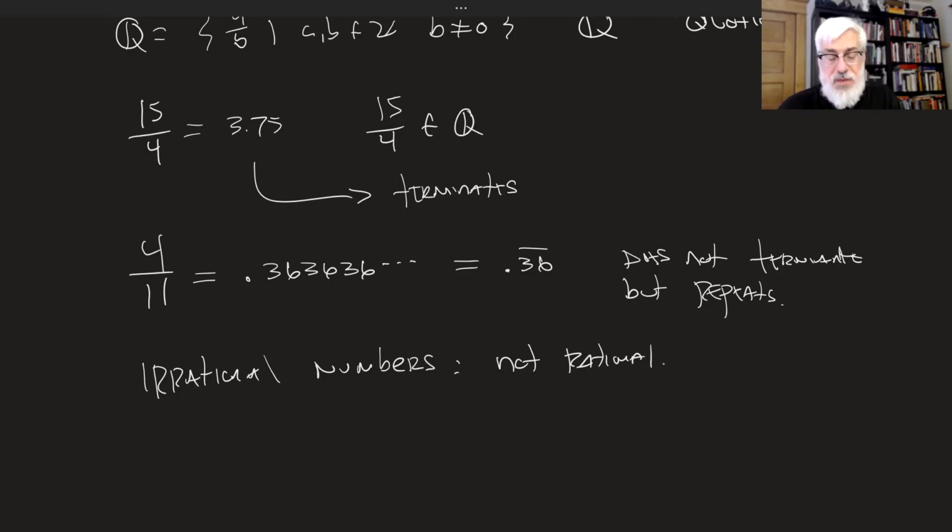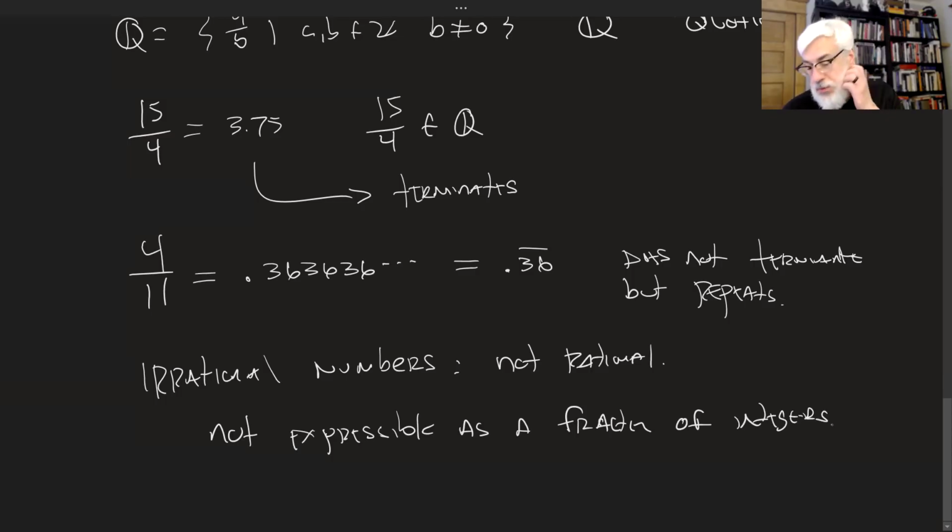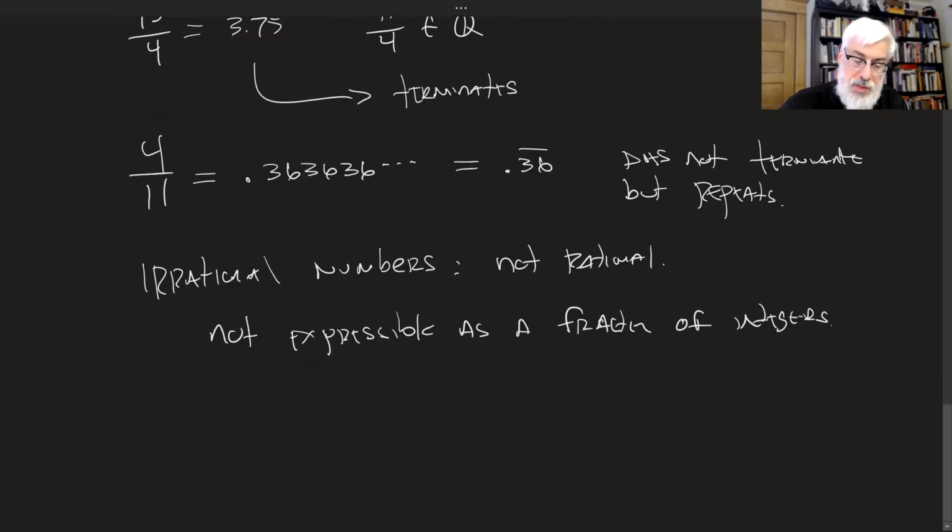So we can think of irrational numbers as not expressible as a fraction of integers. That part's important, the integers part.